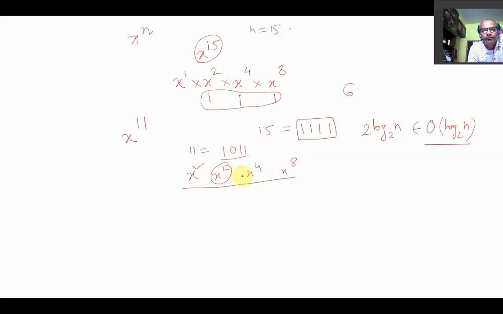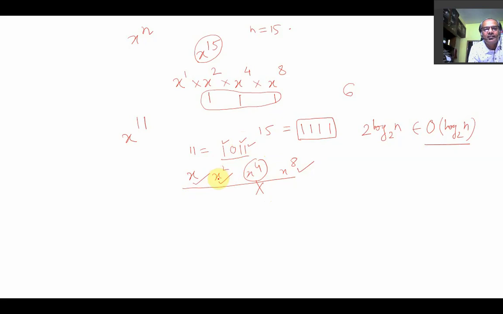So better, this is wrong actually. You scan from this side, and the scanning will start from this side. So 1 means x power 8 will be taken, 0 means this is not taken, 1 means this will be taken, and this last 1 means x will be taken.